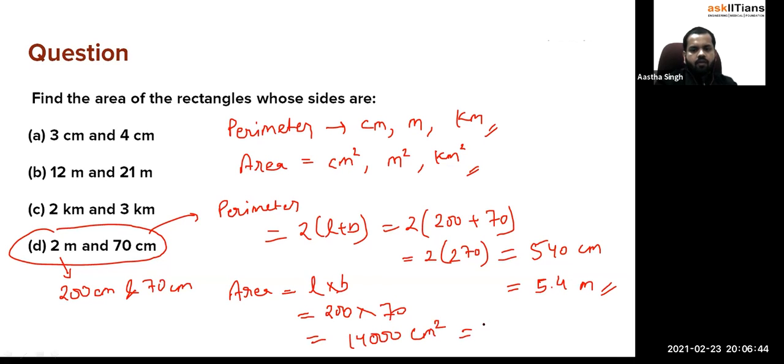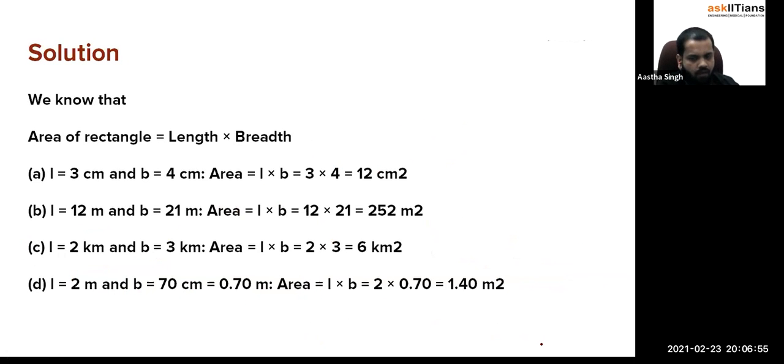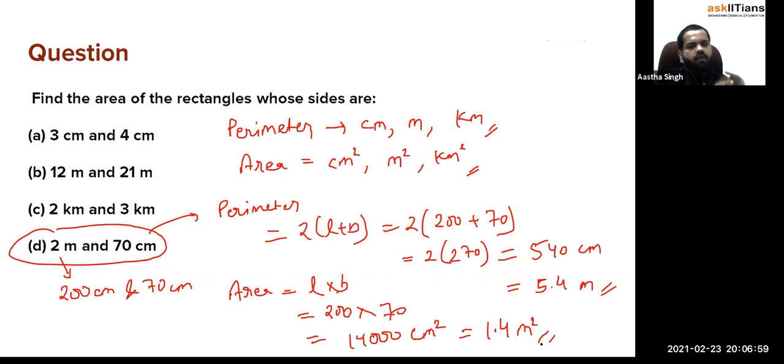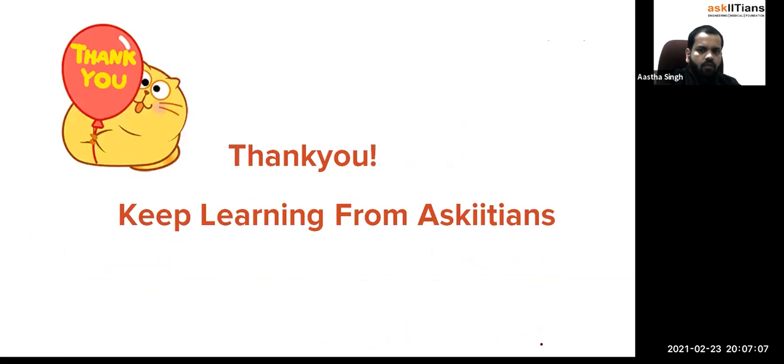In case you convert to meter square, dividing by 100 by 100, it is 1.4 meter square. I think you all have got the point. The answers are the same, right? In case of different units, first make them the same unit and then try to solve.